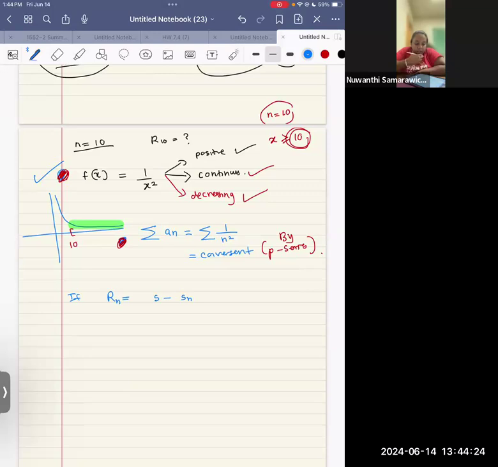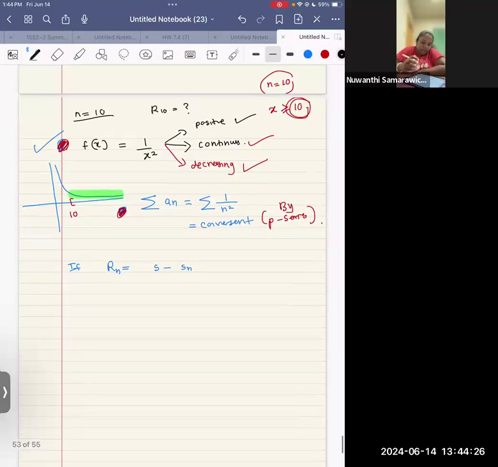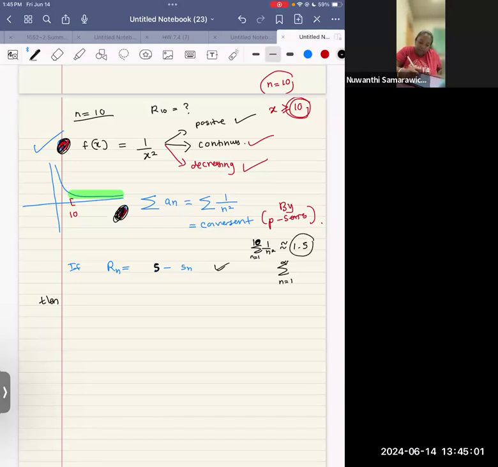Because all these conditions are satisfied, this is true, because this one was an approximation we took, 1.5 something. It's an approximation up to 10, but definitely at infinity it should be greater than this one. So this is also true.